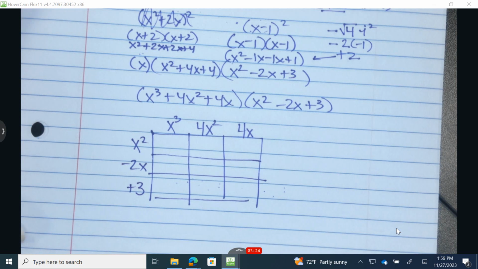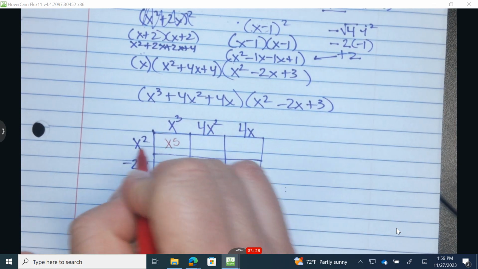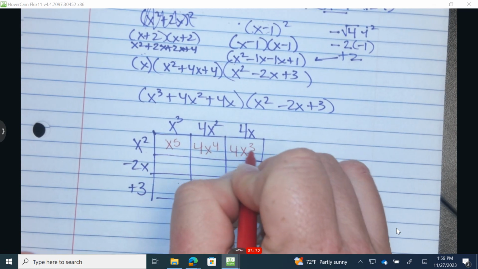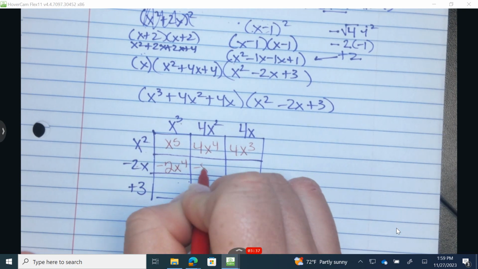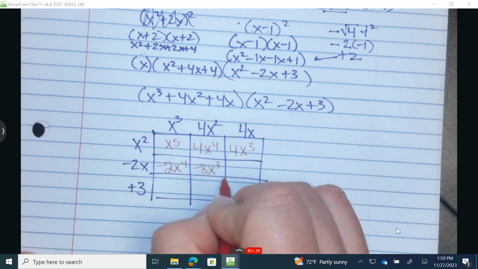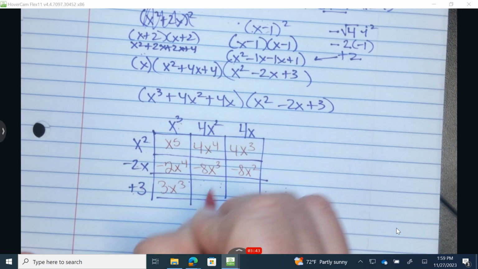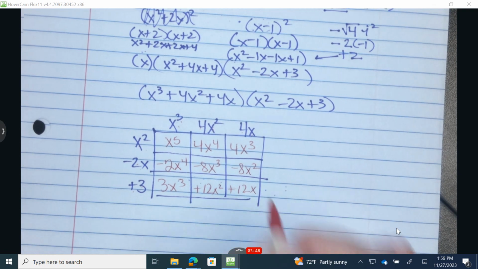And now I'm just going to multiply. So x to the 5th, 4x to the 4th, 4x cubed. Negative 2x to the 4th, minus 8x cubed, minus 8x squared, 3x cubed, plus 12x squared, plus 12x.